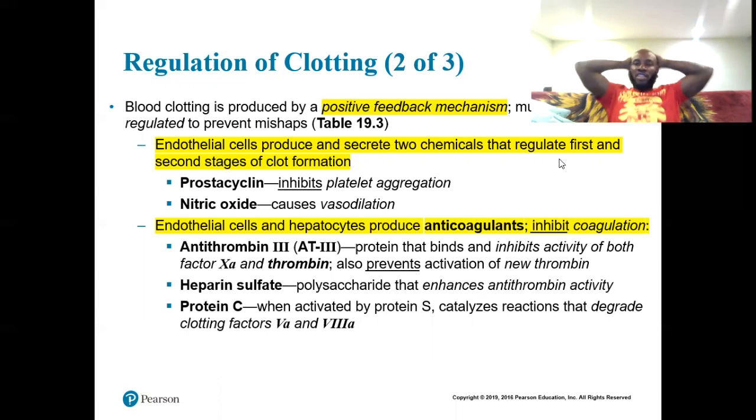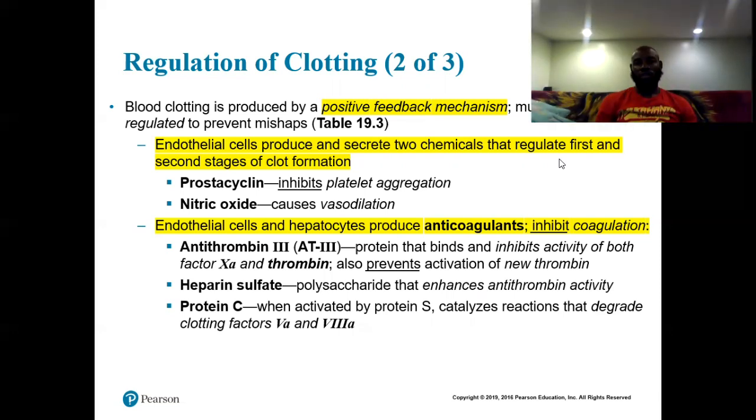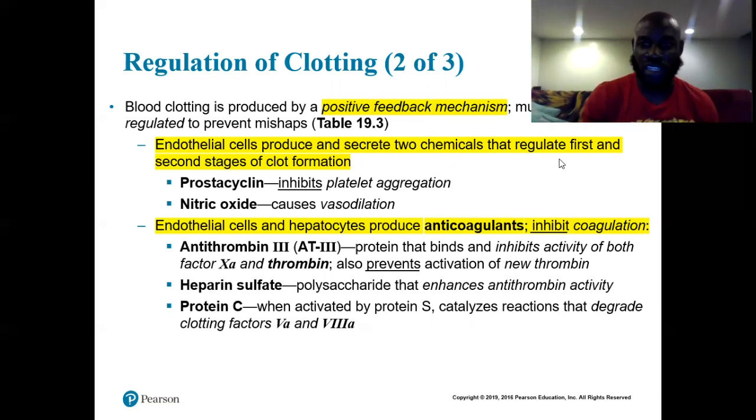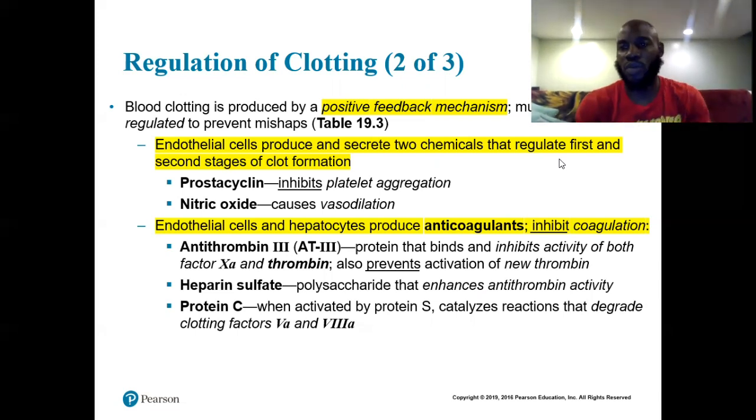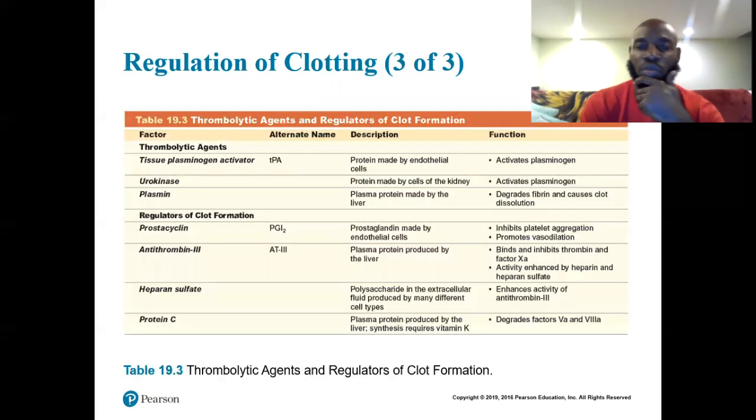Some of you who are in the medical field have probably heard of heparin. We'll talk about that in a little bit, but these are anticoagulants. These are things that are important for the regulation of blood clotting.